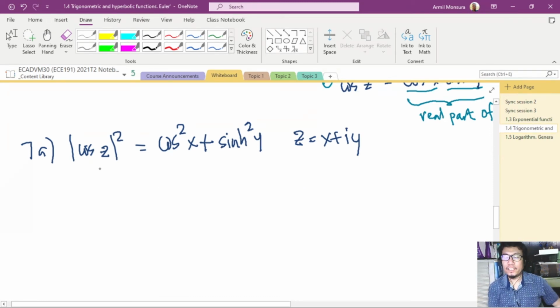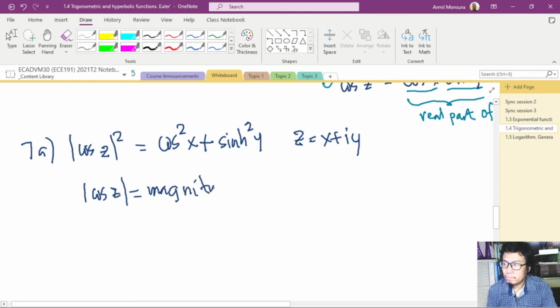But let us start from the fact that the symbol for the magnitude of cosine of z, take note that cosine of z itself is a complex number, and so you would be able to take its magnitude.